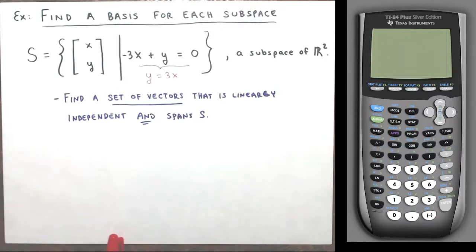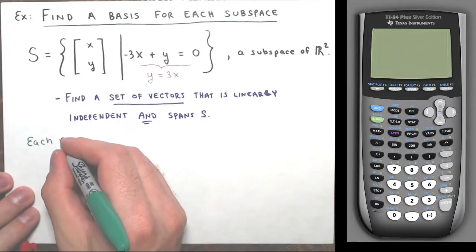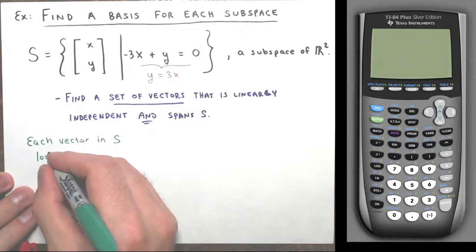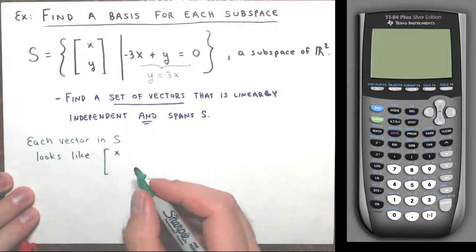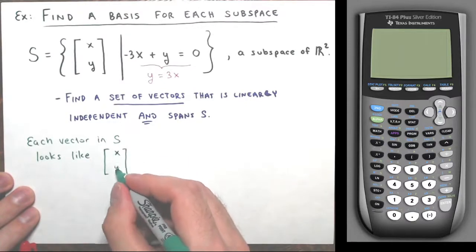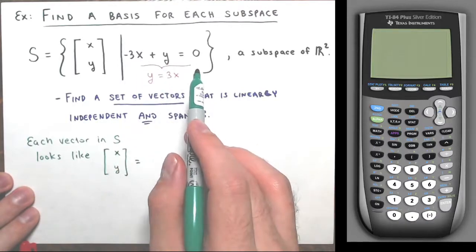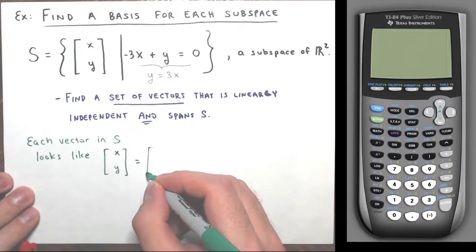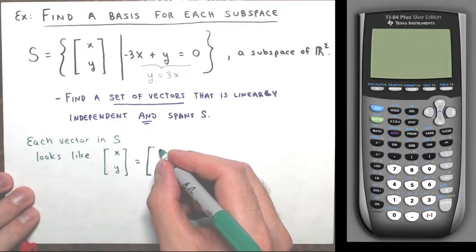So let's write that out. Each vector in S, every single vector in S, will look like this: a first component x and a second component y. These are real numbers. But by the condition that needs to be satisfied, the second component is 3 times the first component.